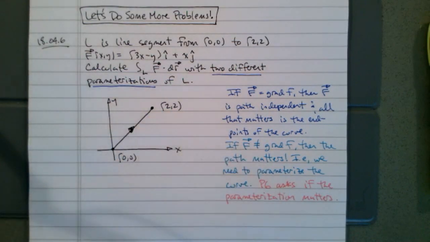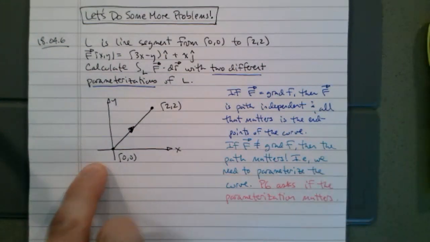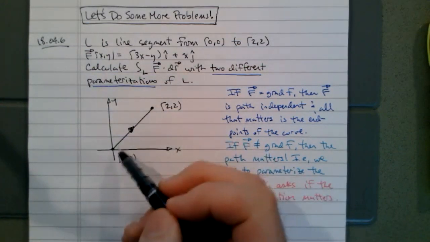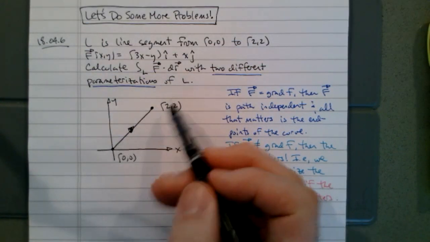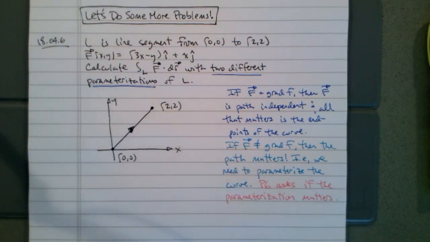The only things that have to happen are that we start at (0, 0), end at (2, 2), and go in one direction, not back and forth, just from (0, 0) to (2, 2).